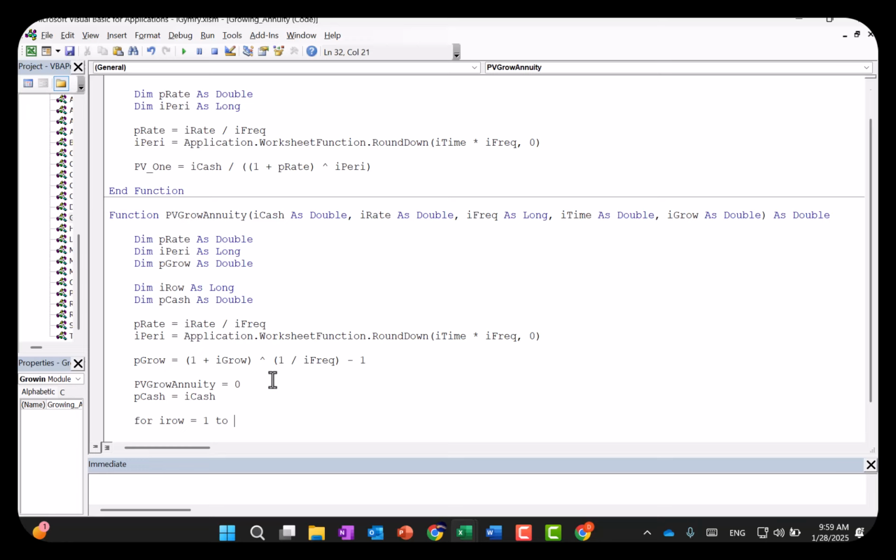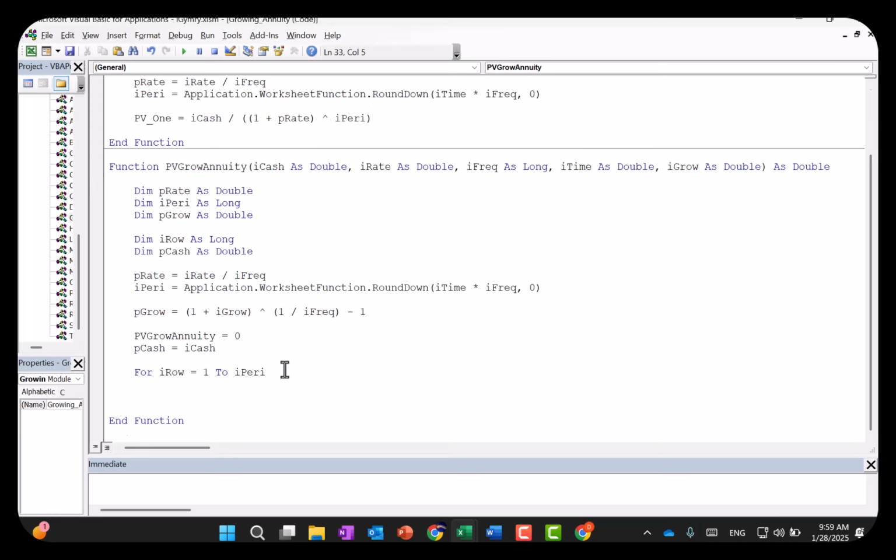No, yeah, iParry. Okay. I always write this one first. So the code that I'm going to write inside that block is going to be repeated iParry times.